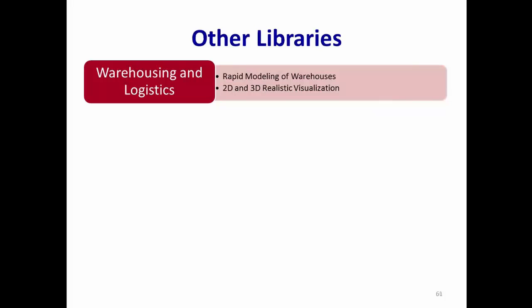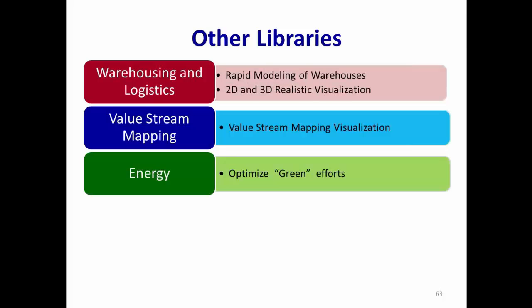Besides the Food and Beverage Library, other add-on libraries are also available for PlantSim. The Warehousing and Logistics Library provides numerous objects that slash the time required to build a warehouse model. Visualization includes informative 2D icons and realistic 3D icons. The Value Stream Mapping Library lets you build, visualize, and analyze your process in value stream mapping format.